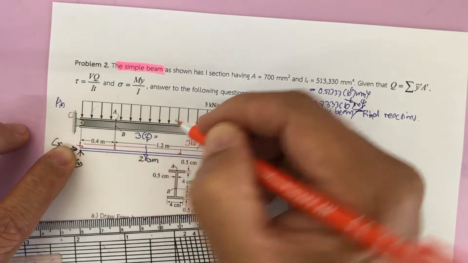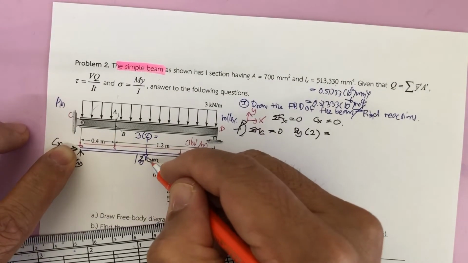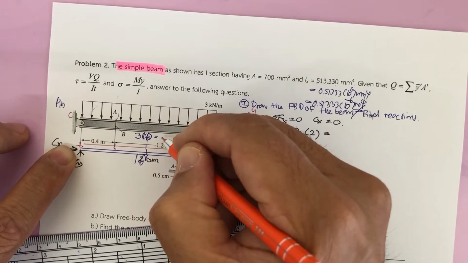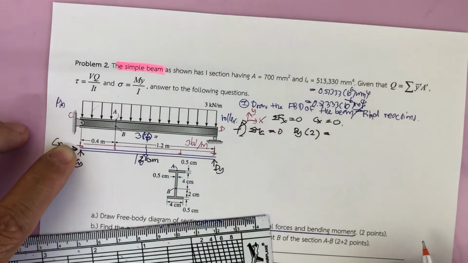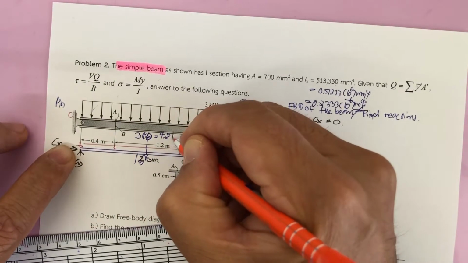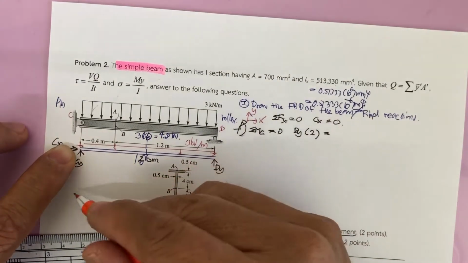No, not 2. This is 1.60 meter. This is 3 times 1.6, which is going to be 4.8 kilonewton. So this one is going to be a clockwise rotation.